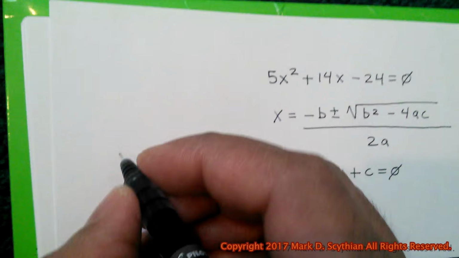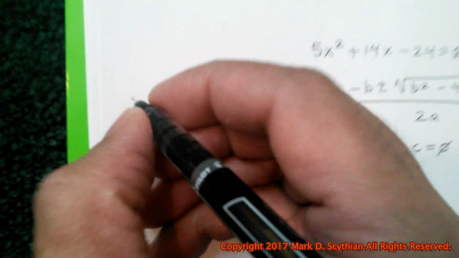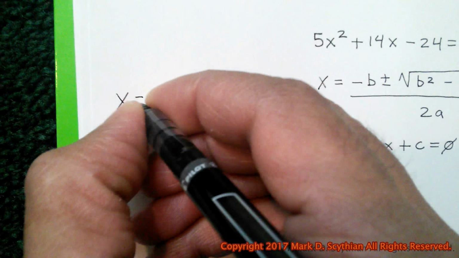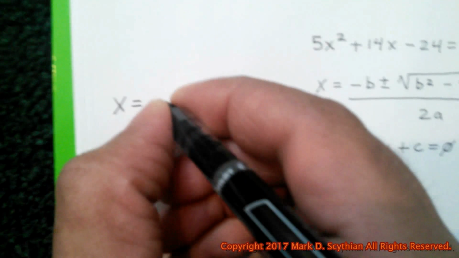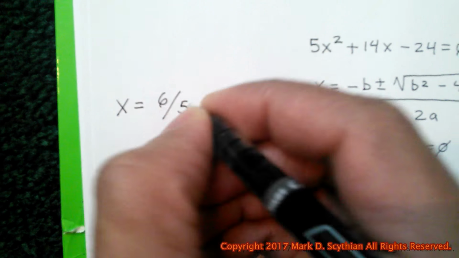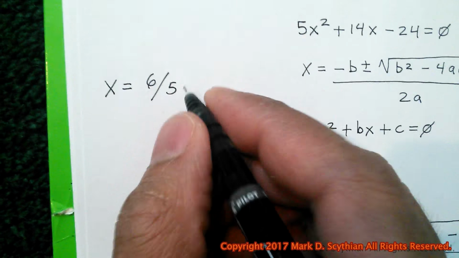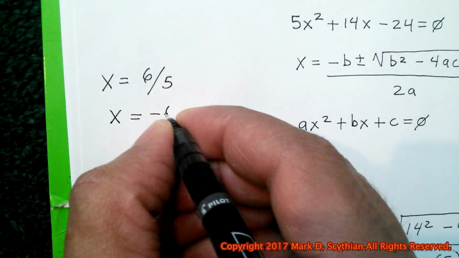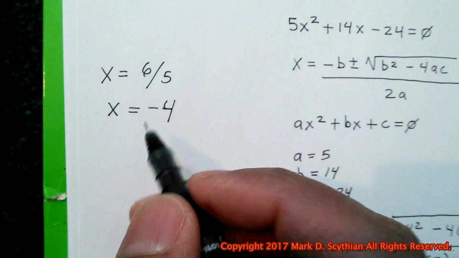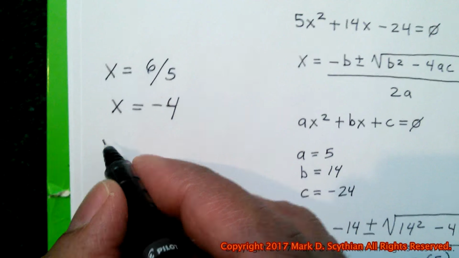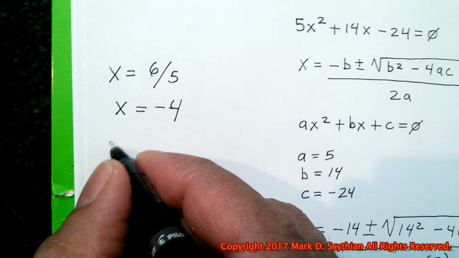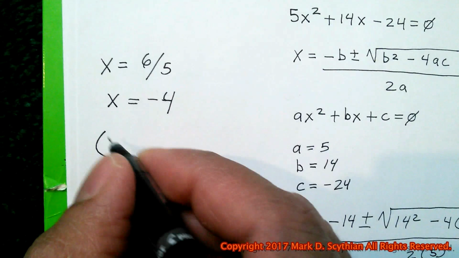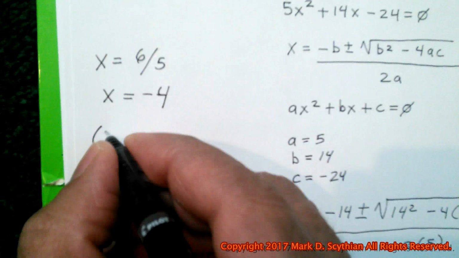If we continue up here, the x's for this quadratic equation are x equal to 6/5, which is 1.2, and negative 4. Taking advantage of the principle of 0, we can set these x's equal to 0.